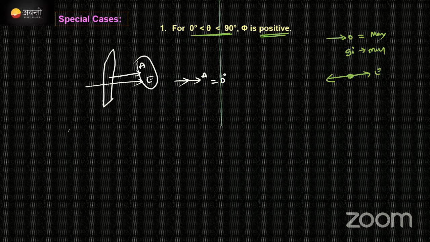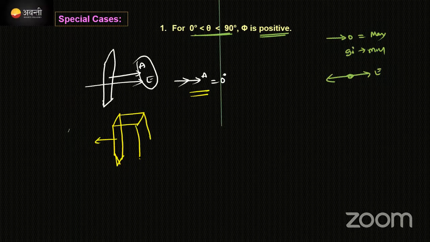This is 0 degree. Okay, now suppose this is the area. Now I'm taking the area vector in this direction. Sir, how does it happen? Take a box; its area vector is here. Area will be in this direction. Electric field lines again pass in this direction.